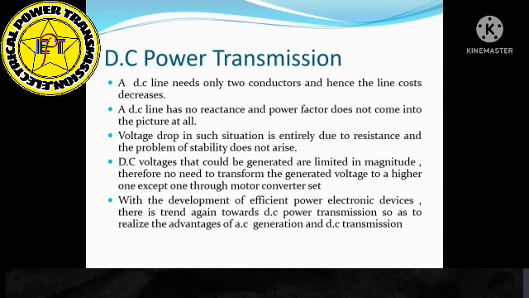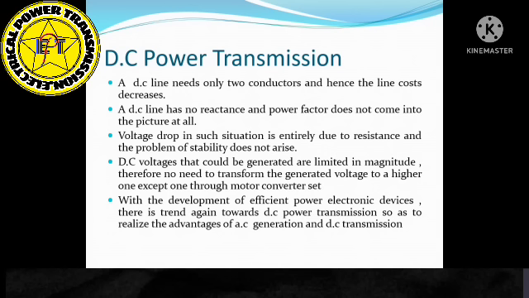convert them into DC through the power electronic controllers. So with the development of efficient power electronic devices, as I told you, like thyristor, IGBT, MOSFET, and power diodes, there is a trend again towards DC power transmission, so as to realize the advantage of AC generation and DC transmission.